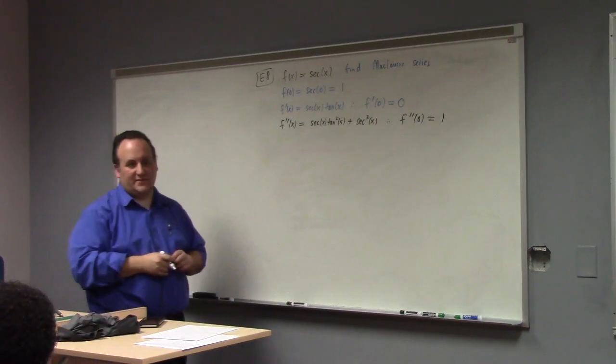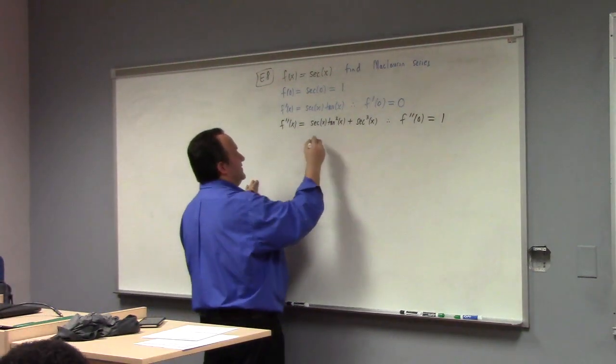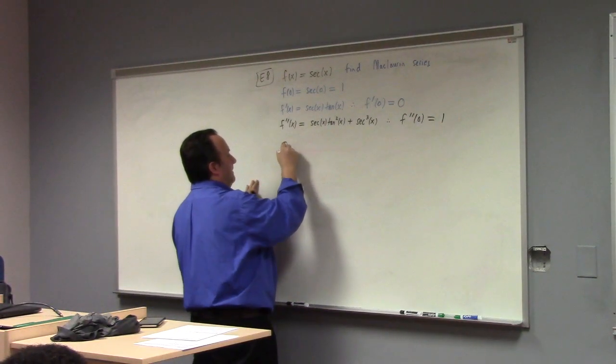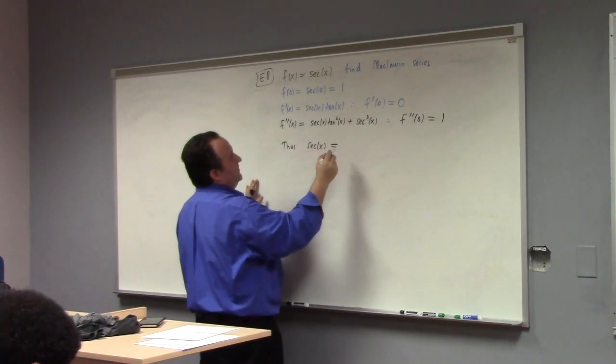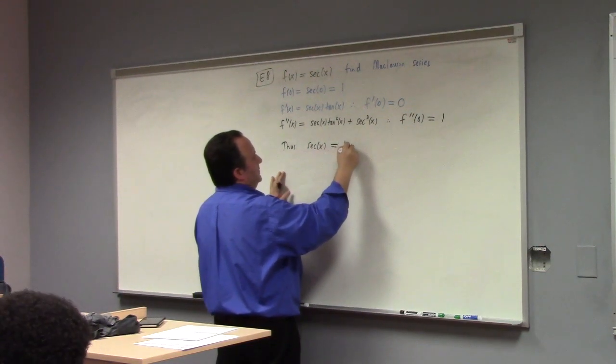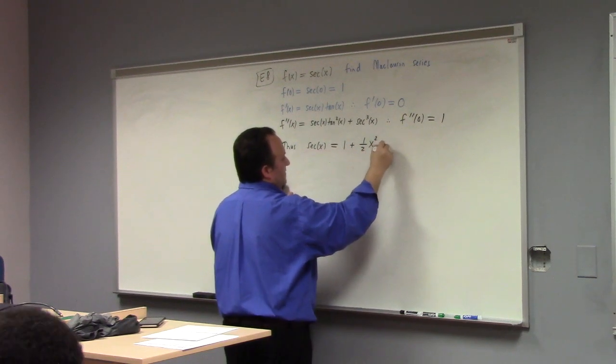This is as far as I feel like doing at the moment, all right? So what is the Maclaurin series for secant? Secant of x apparently is equal to 1 plus 1/2 x squared plus dot dot dot dot.